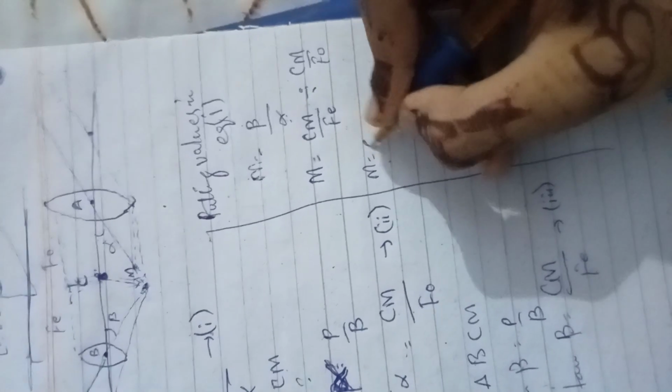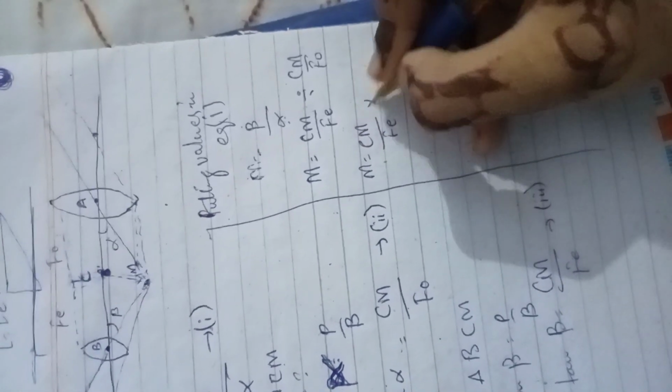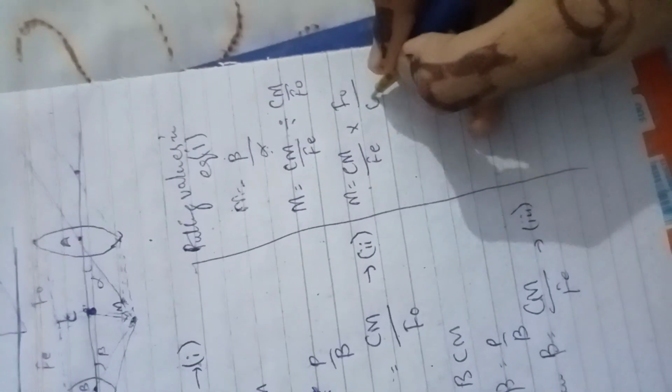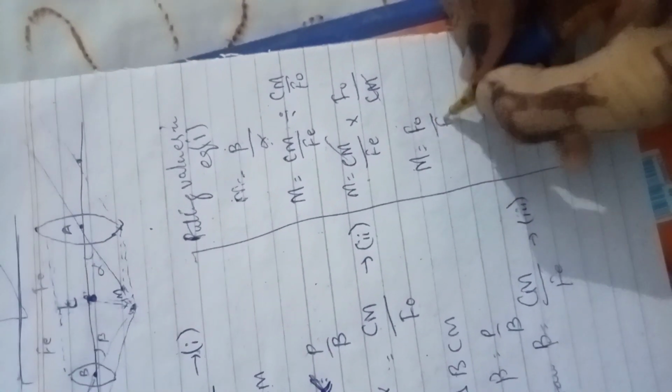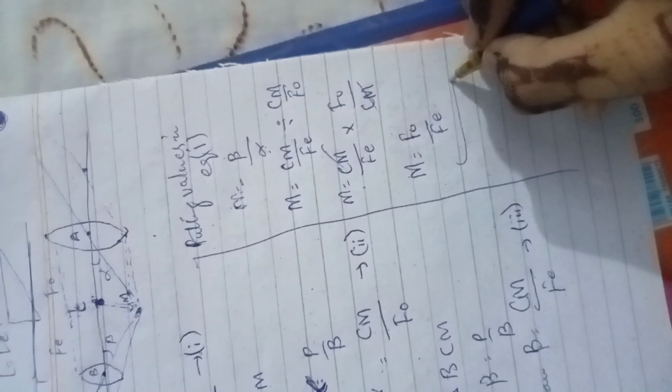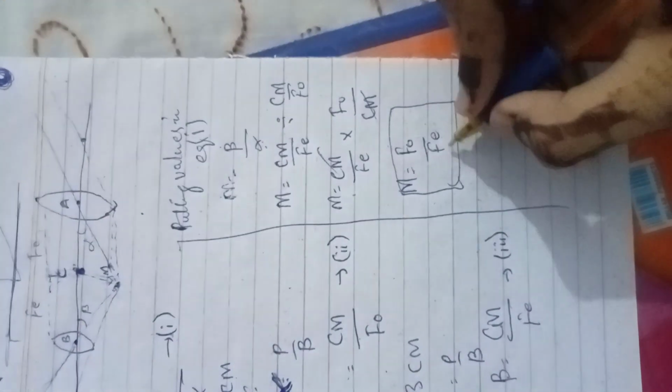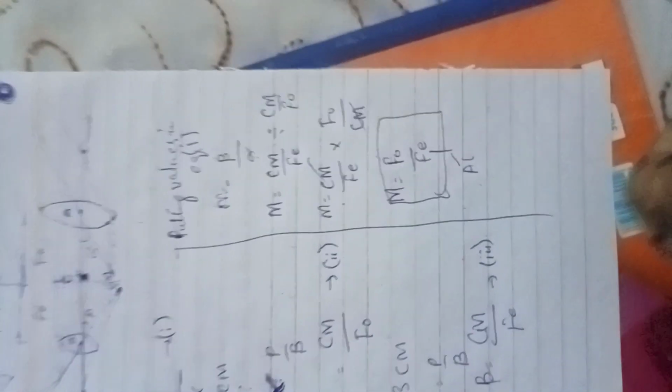When we convert it, CM upon FE multiplied by FO upon CM. CM and CM cancel, m is equal to FO upon FE. That is the magnification formula of the astronomical telescope.